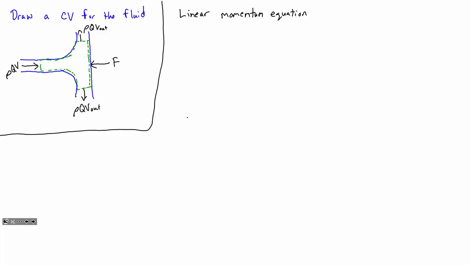We see that the sum of the forces in the x direction, because here we're interested in the x direction, since it's an x directional force that is holding that plate in place, is going to be equal to our rho QV out in the x direction minus rho QV in the x direction. Okay, so this is, again, our linear momentum equation.